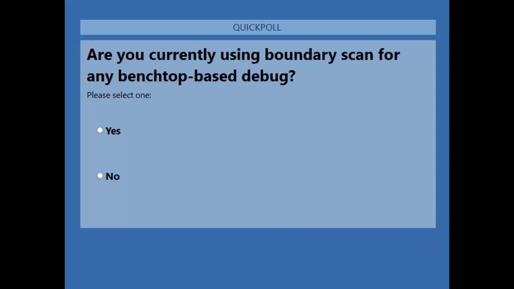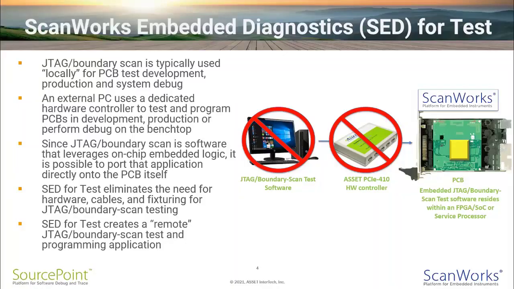All righty. About 3/4 of the audience has voted so far, so we'll give it another moment to close out. Okay, going once, going twice. All righty, let's close the poll and see what the results are so far.